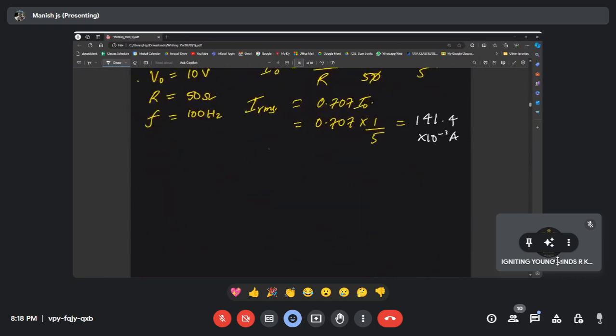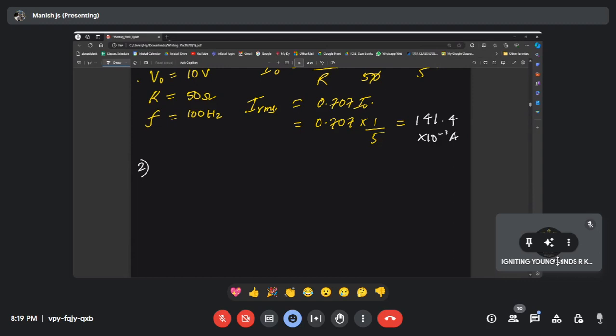Okay. Great. Now going on to a different model. One more model we'll see. The second question. Question number 2. Okay. So the next question.